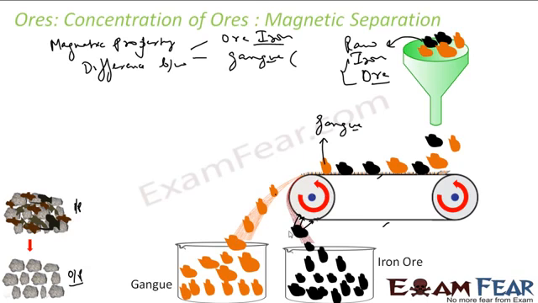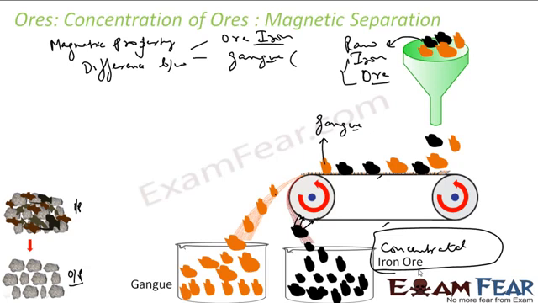But the black particles, that is my iron ore, since raw iron ore is a mixture of this, are attracted by this conveyor belt, and thus iron ore will be collected in this bucket. So with this, if you see, both are separated, and we got a concentrated iron ore. What we gave as input was a raw iron ore, and what we got as output was a concentrated iron ore.